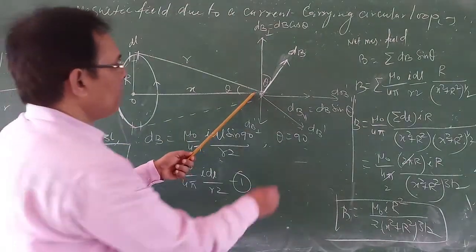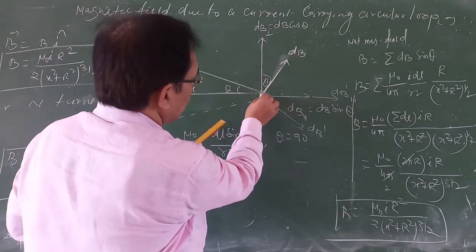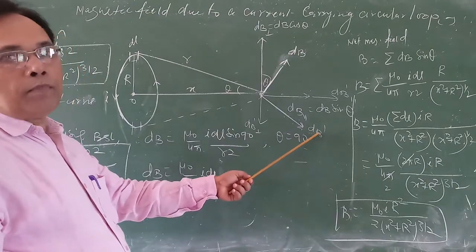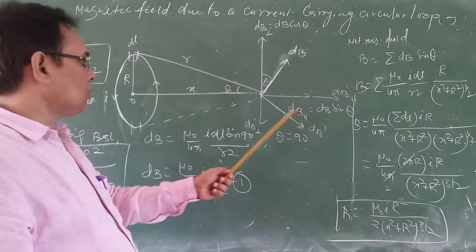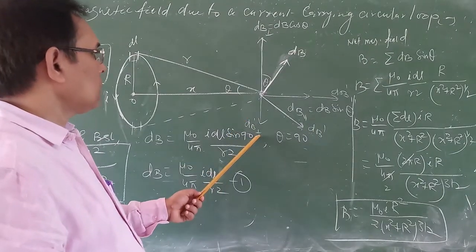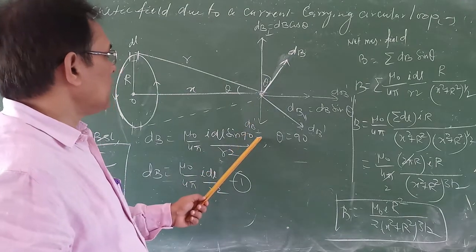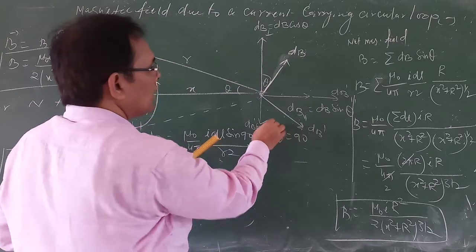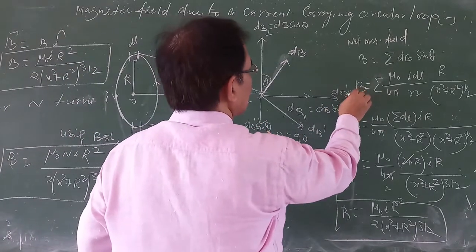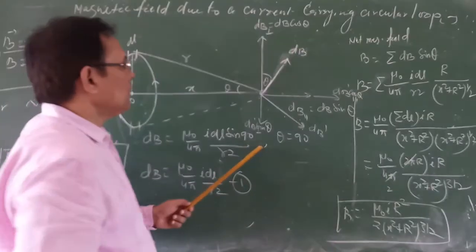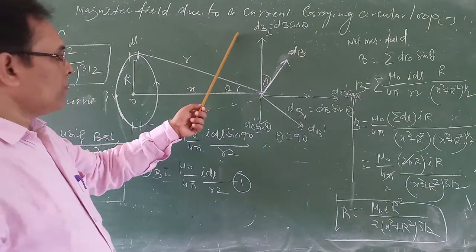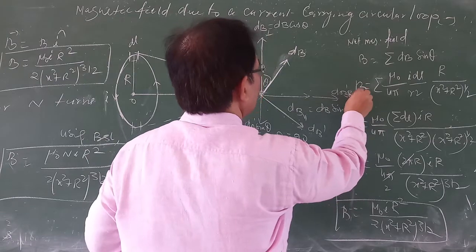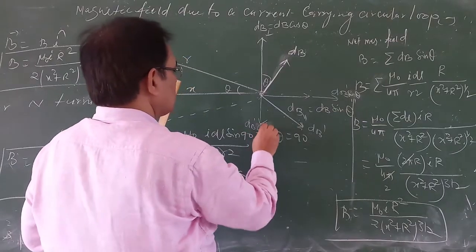So another magnetic field component dB dash will be here, with components dB dash sin theta and dB dash cos theta.